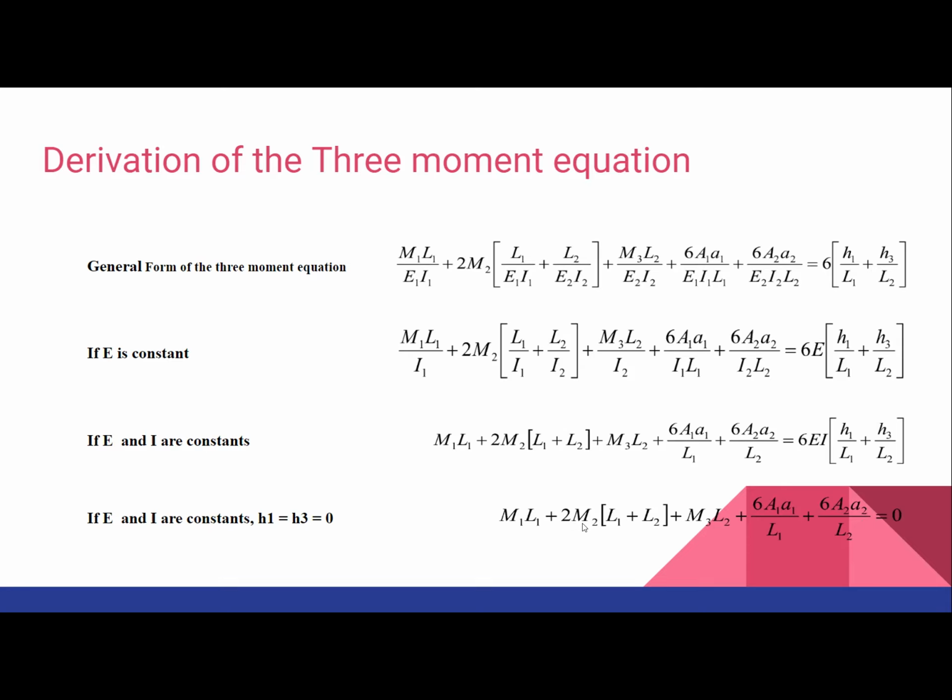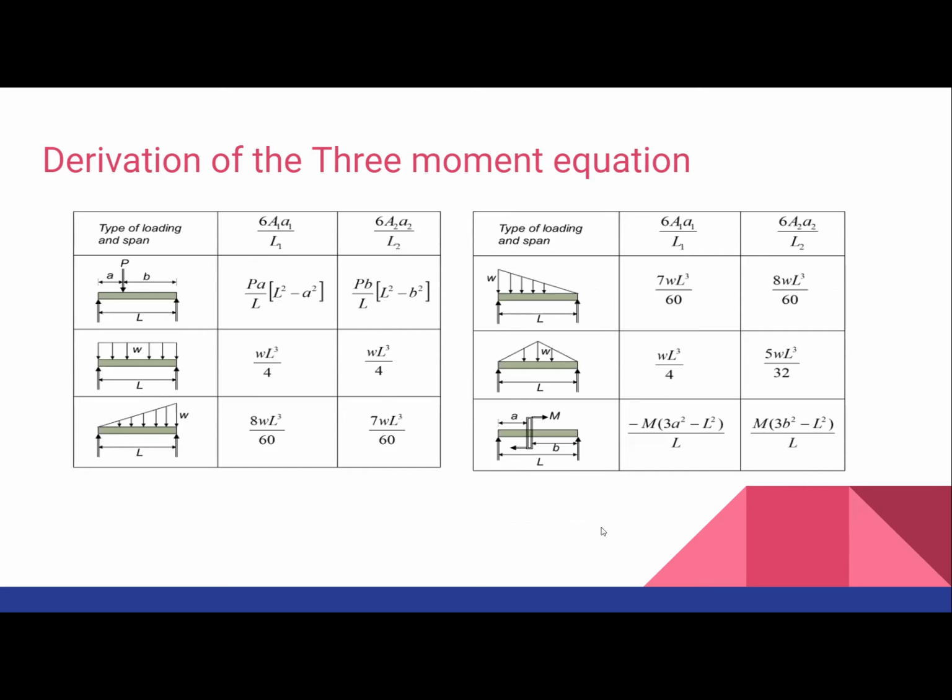And then this M1, M2, and M3 represent the moments at 3 points along the beam. Then we also have this 6A1 a1 over L1, and then 6A2 a2 over L2. So in this case, you would need to memorize the values of these, no? I have here the values of 6A1 a1 over L1, and 6A2 a2 over L2.